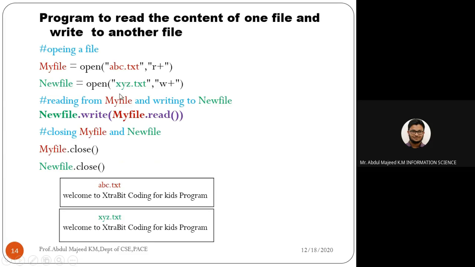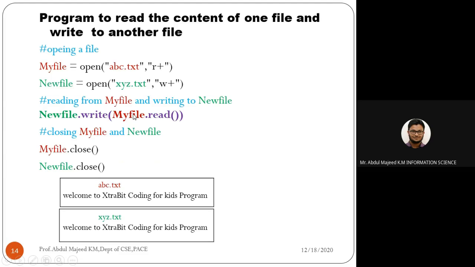Fine. Now after opening both files, I am performing another operation. You can see here new file dot write my file dot read. This is my file, this is new file, which are nothing but file objects. So how will it work? First it will read the content of my file, which is nothing but abc.txt.